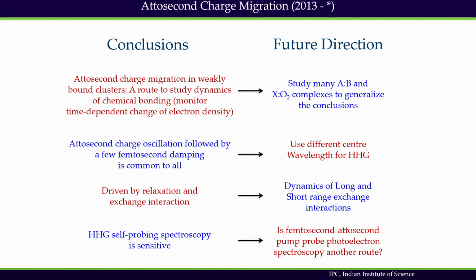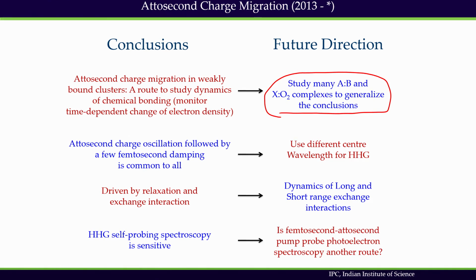So, we have to focus on weakly bound clusters, because they give an opportunity to remove an electron selectively from one moiety and to see how the electron density is reorganizing after removing an electron from that moiety. This is already evident, and we would like to continue this work with different kinds of van der Waals complexes, halogen bonded complexes, tetrahedral bonded complexes, different weakly bound species.